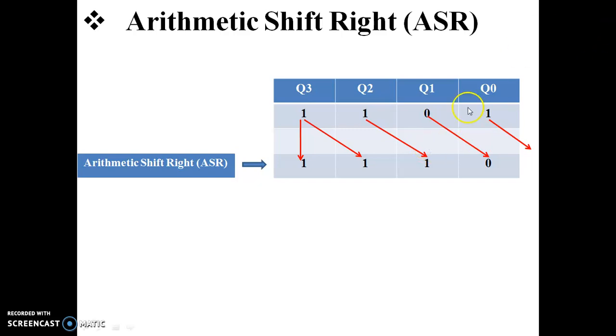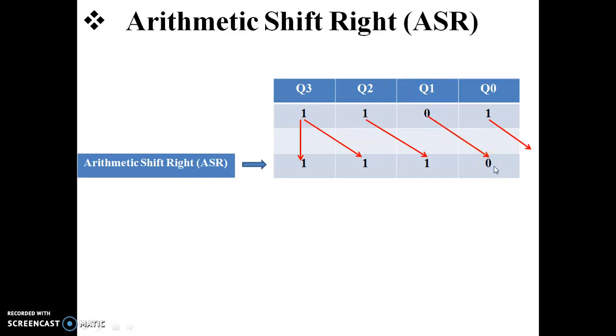So see here, let us start from the right hand side. Which is the bit Q0? What is the value of Q0? It is 1. So we will shift 1 position to the right. So this 1 will move out. It will not be stored anywhere as of now. Then let us move to the next bit, which is Q1. Q1 will shift 1 position to the right.